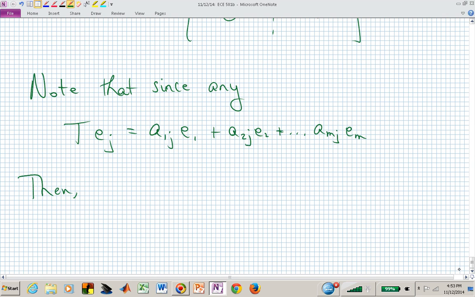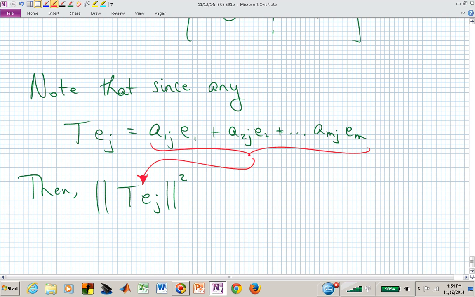Can we write the norm squared of T E sub j in a more concise or different way?